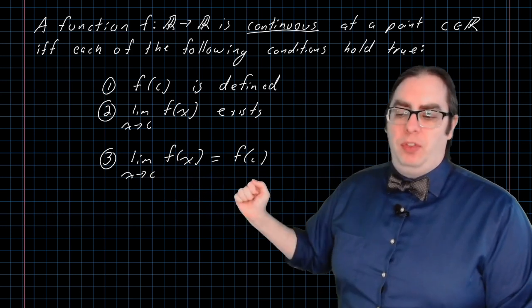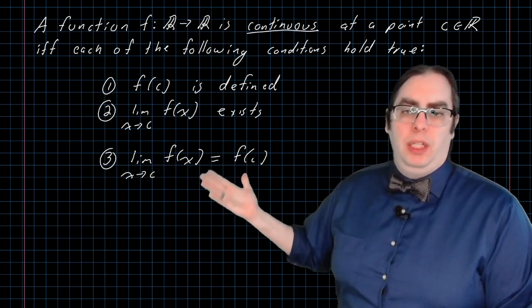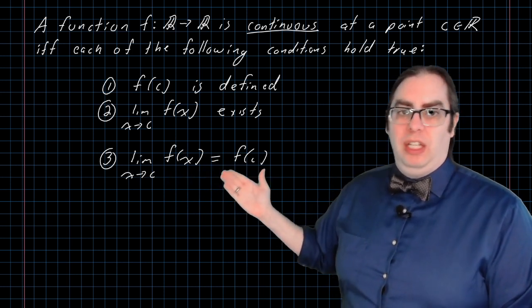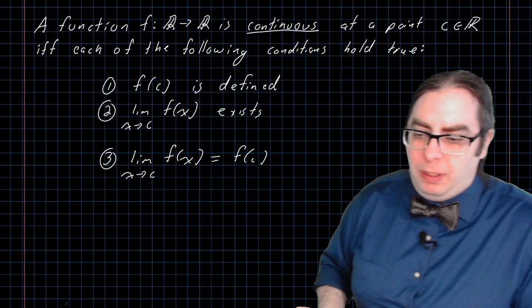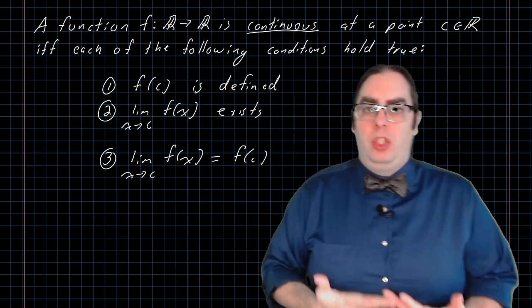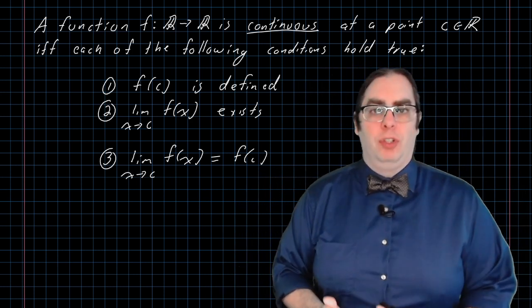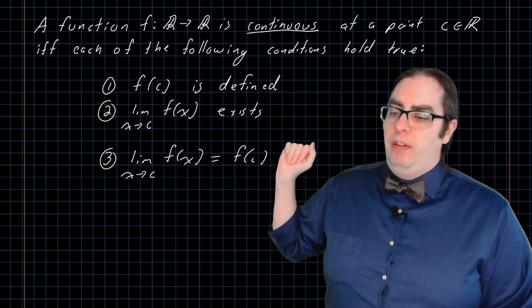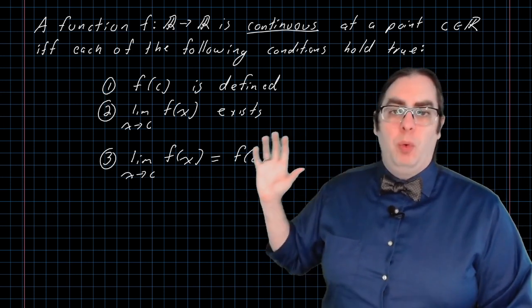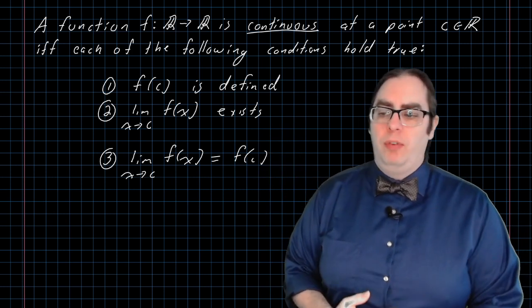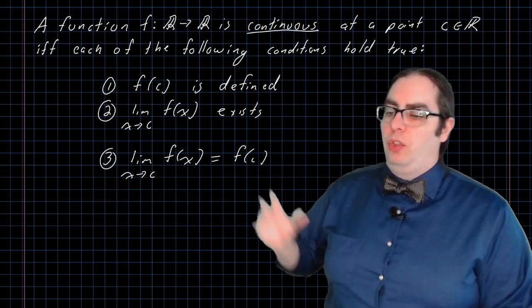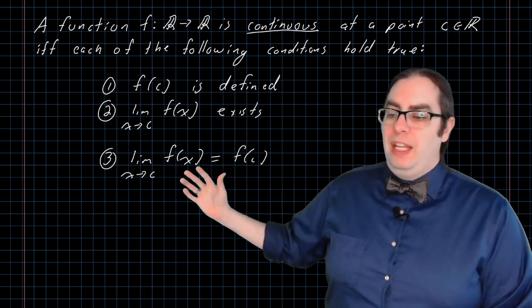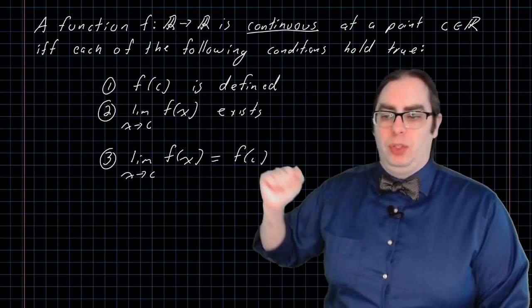And if both of those things fail, well, then we're really in trouble, because does not exist and is not defined, as I've stressed previously when we talked about limits, are not the same thing. It's going after two different issues. So, defined, exists, equal. Three separate things to check for. Most of the time we can show something is not continuous by showing that points 1 or 2 fails. If they are both successful, we can check to make sure that they are the same.